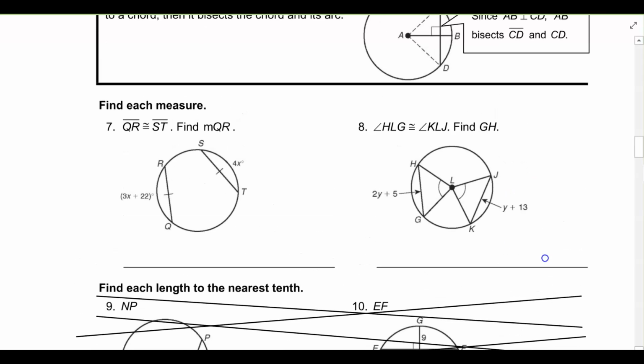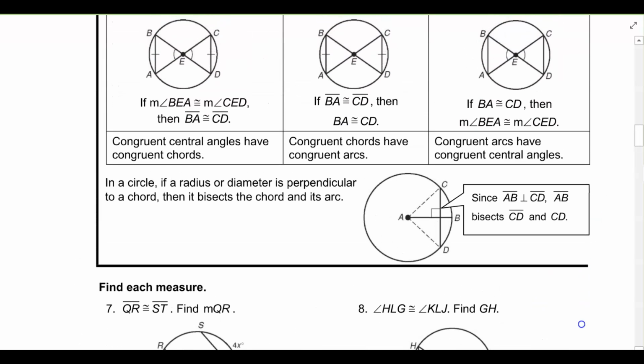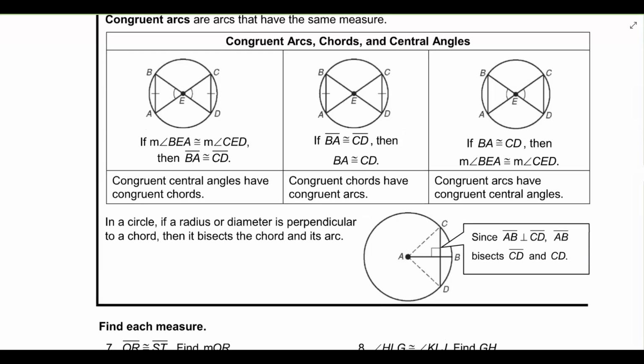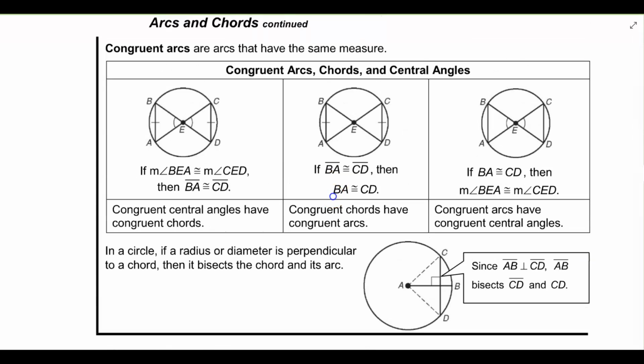Next page. This one's referring to this concept here. If we have congruent central angles, so let's start there. If I know these central angles are congruent, then I immediately should know that that makes the chords that they create congruent. If I have congruent chords, this is kind of like a chain reaction thing, then I know that the arcs formed are also congruent.